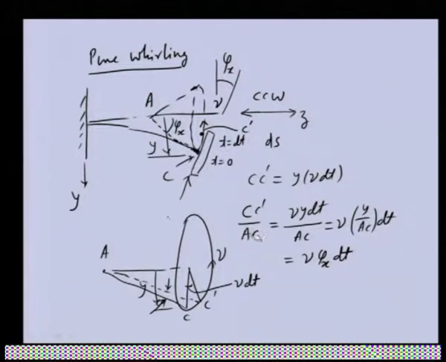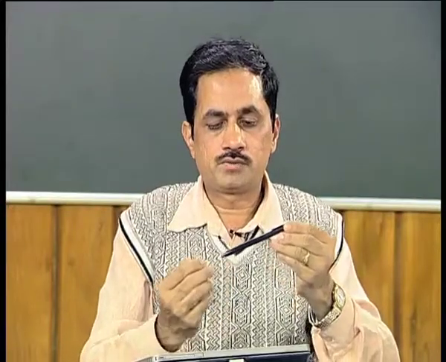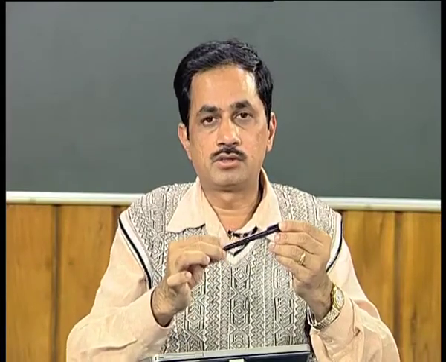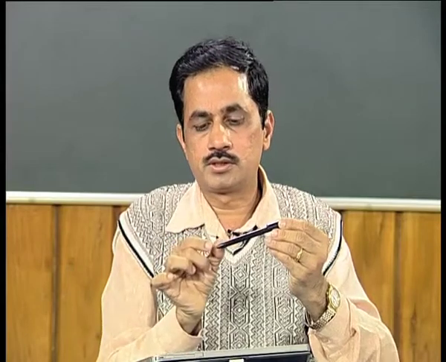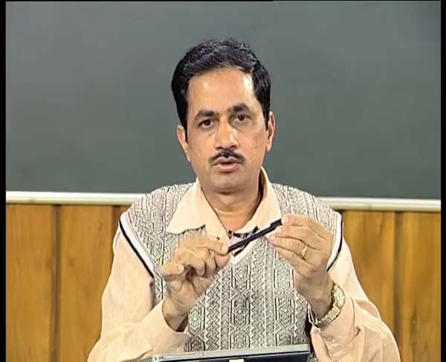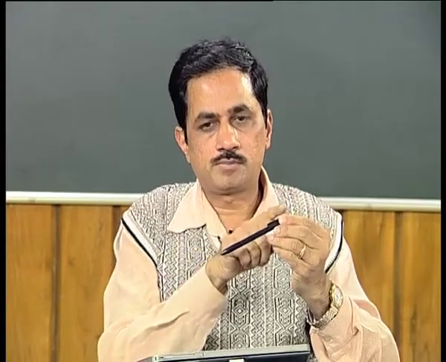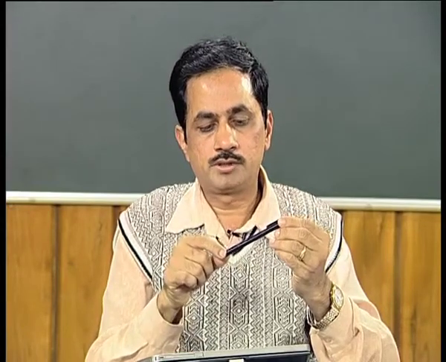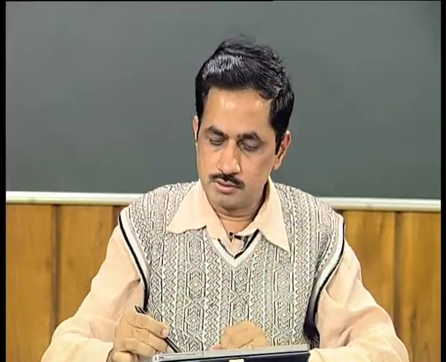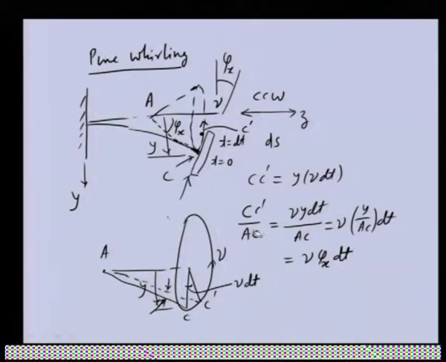This is the angle which we have obtained, CC prime and AC. This is the angle which AC is traversing. So, AC is at the bottommost position, and it is traversing some angle, that is a cone. We consider the small shaft segment here, and that shaft segment is traversing in a cone like this. So, this point is A. This line is making the angle that we obtained here, that is C prime by AC.